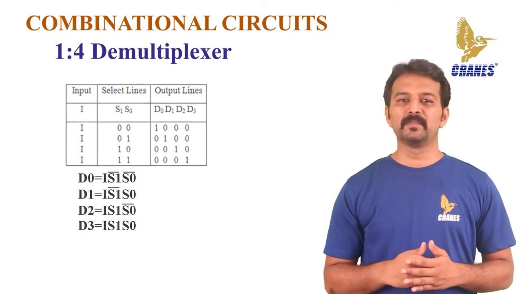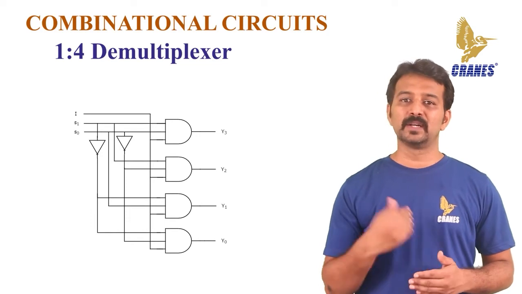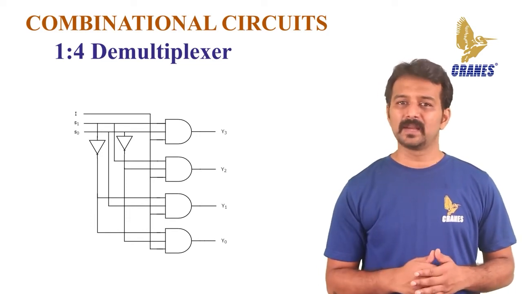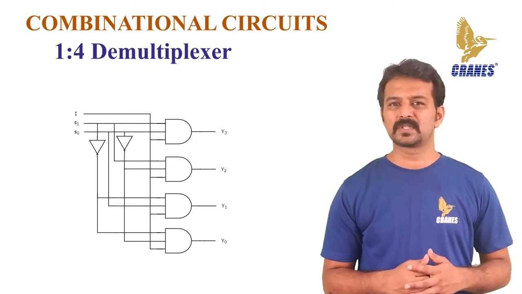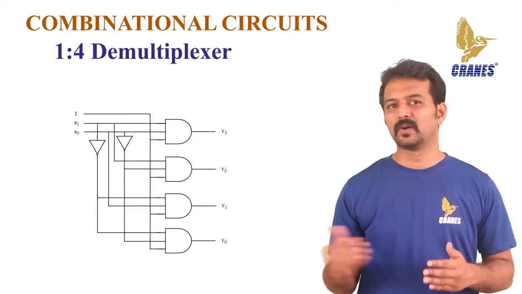A 1:4 demux can be implemented using 4 three-input AND gates and 2 NOT gates, as shown. The 2 selection lines enable a particular gate at a time. So depending on the combination of the select inputs, input data is passed through the selected gate to the associated output.